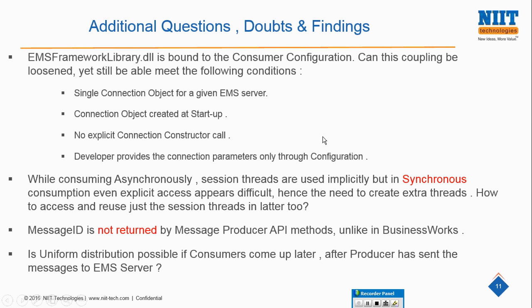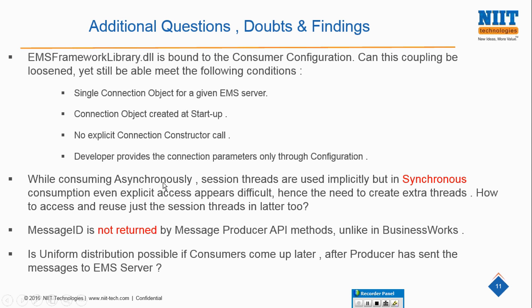Okay. So in a single process space, there should be only a single connection object, unless there is a real need of creating some admin object or some other connection object. And it should be created at startup with no explicit constructor call. That's important. And of course, as I said earlier, developers should only need to provide the connection parameters in the configuration.